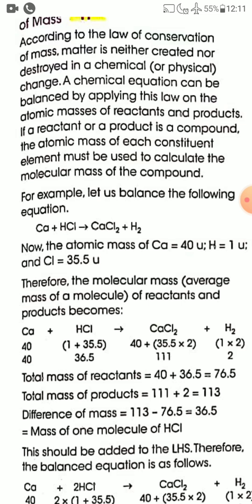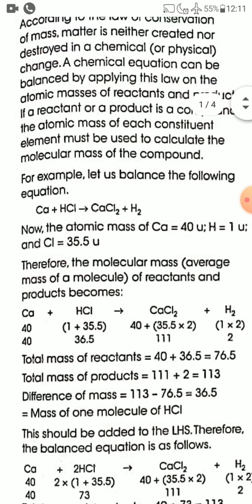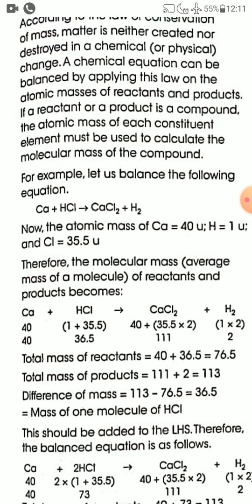Therefore, first you have to calculate the molecular masses, that is the average mass of a molecule, of hydrochloric acid, calcium chloride and hydrogen, that is of all reactants and products.